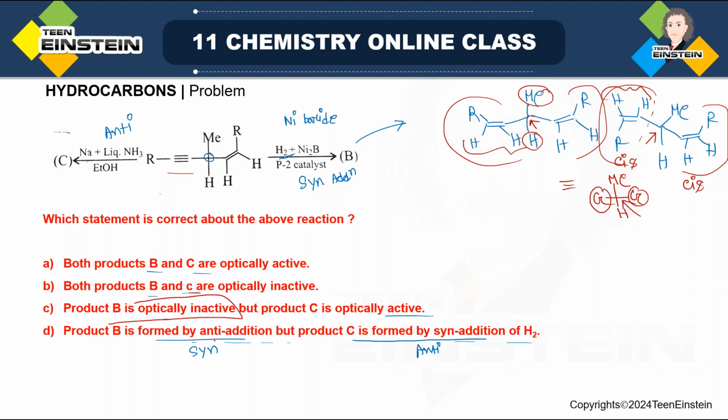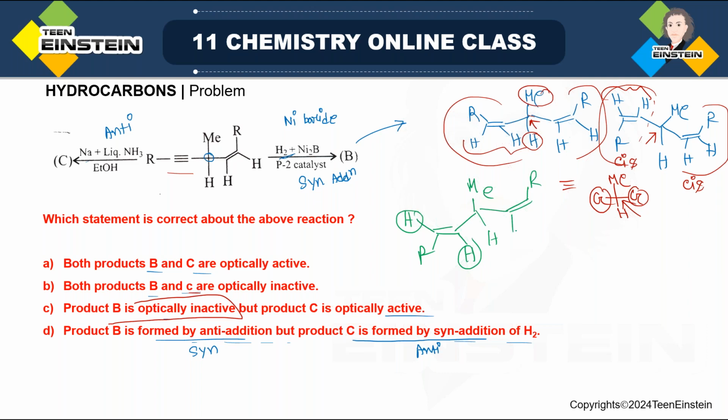But we also have to check whether C is optically inactive or not. Now this is anti-addition. When we are talking about C, it is anti-addition, isn't it? And when it is anti-addition, now what will happen? H double bond R methyl. See, these 2 hydrogens are added in anti-fashion.